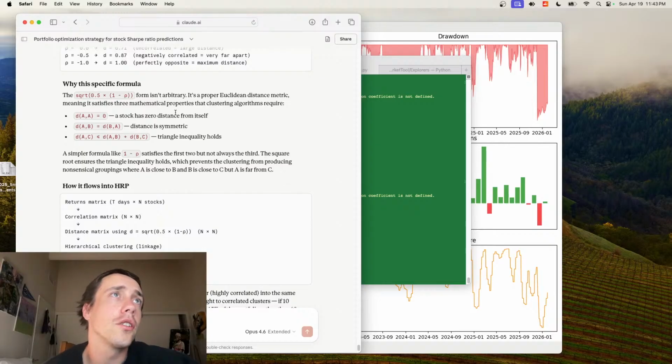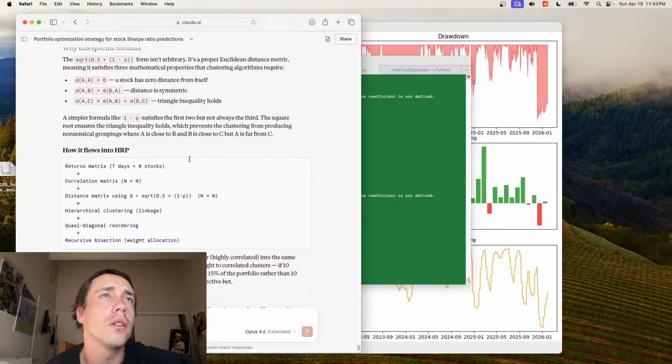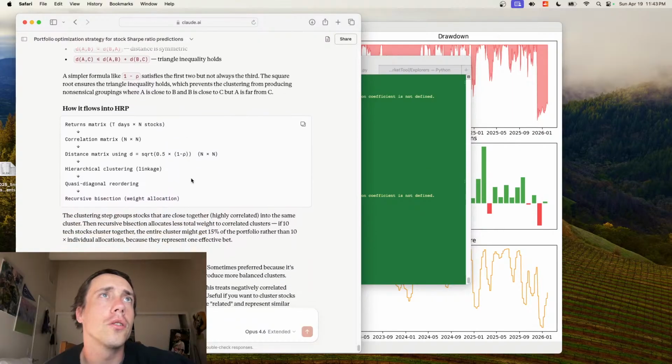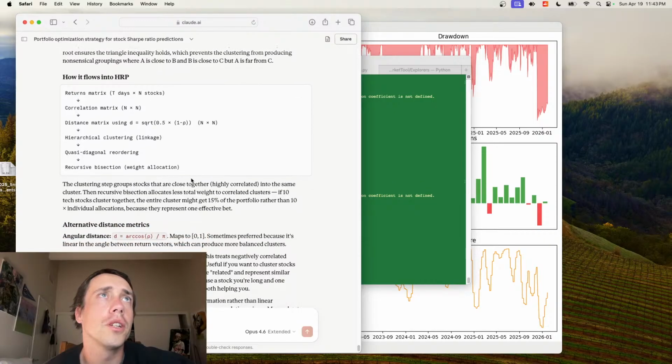A stock has 0 distance from itself. Distance is symmetric, so the distance between A and B is the same as between B and A. And the triangle inequality holds. What is the triangle inequality? It prevents the clustering from producing nonsensical groupings where A is close to B and B is close to C, but A is far from C.